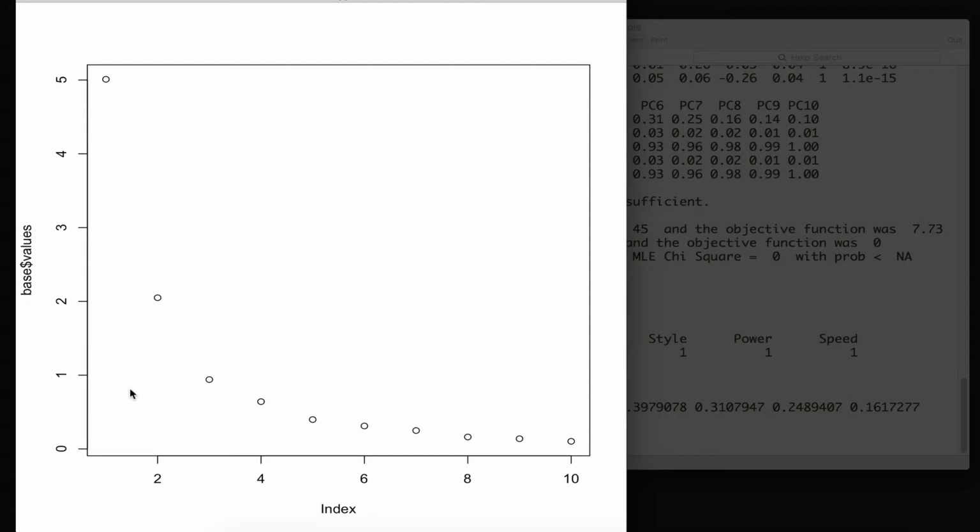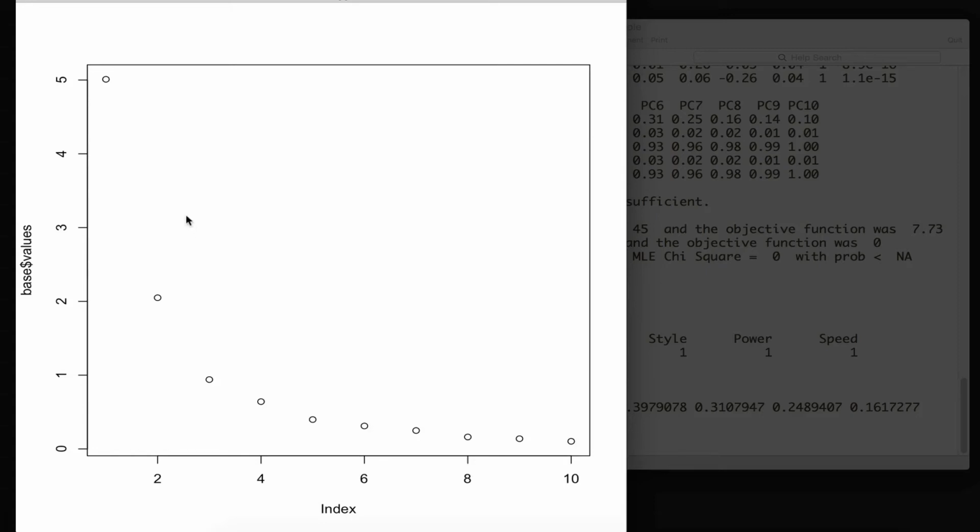That's going to give us a window like this, and this is called a Scree Plot. This is basically the amount of variance explained by each factor plotted against the factor number, which here is labelled as index. So we can see that after the second factor, the third factor explains much less variance.